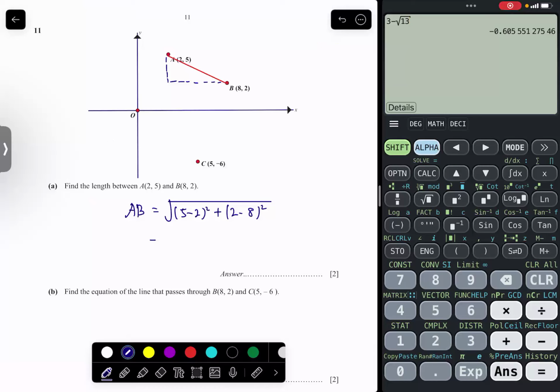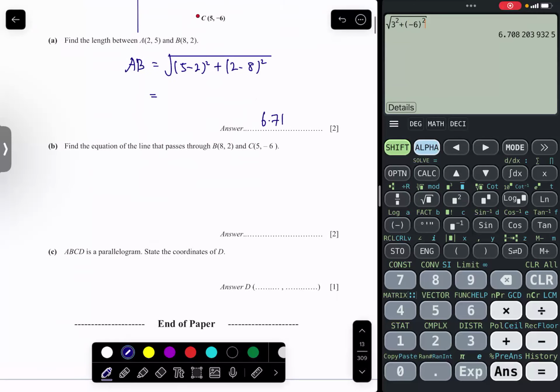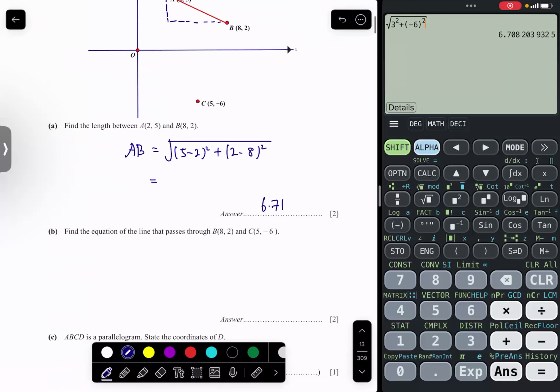Basically the gradient formula, (x1 minus x2) squared plus (y1 minus y2) squared. So we'll have square root of 3 squared plus (-6) squared. Okay, so 6.71 units.